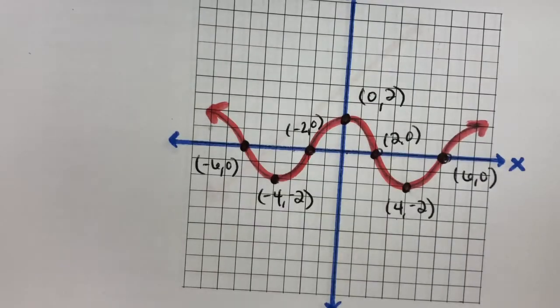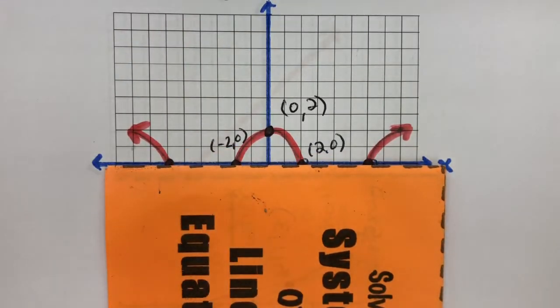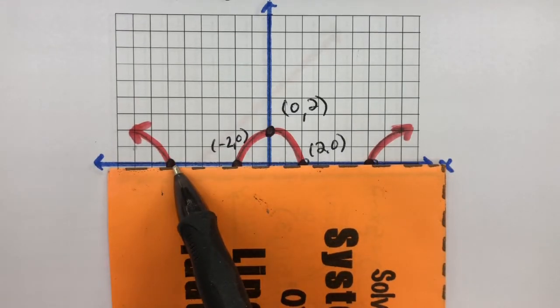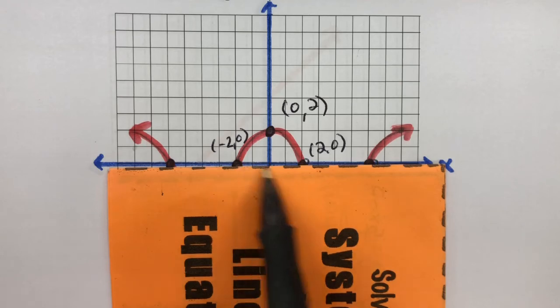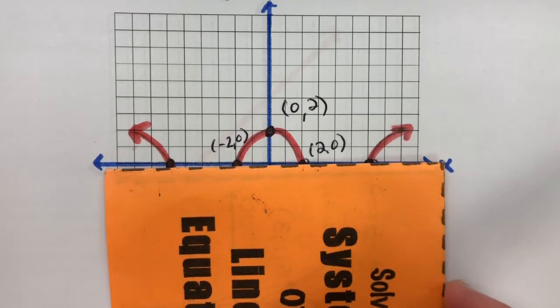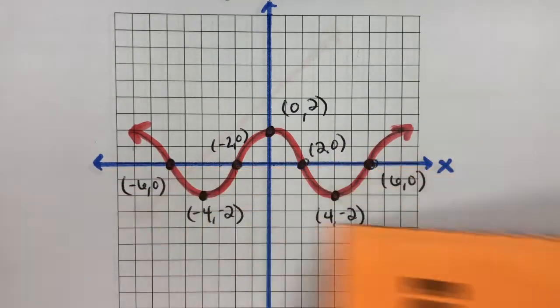All right, positive and negative. What portions of my graph are above the x-axis? If I cover up everything below, what portions? Well, it looks like when x is anything smaller than -6, when x is between -2 and 2, and then when x is anything bigger than 6. All of that is above the x-axis.